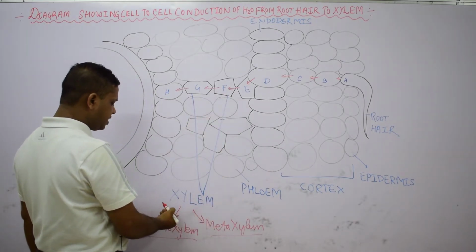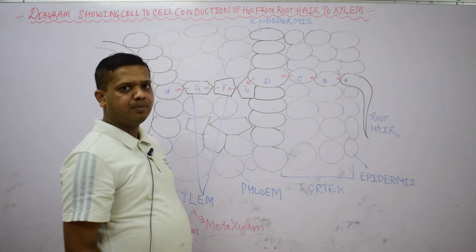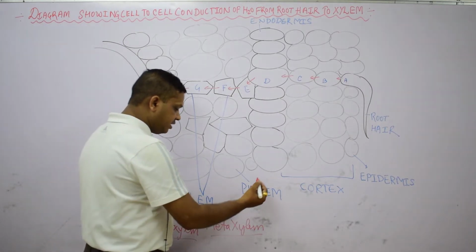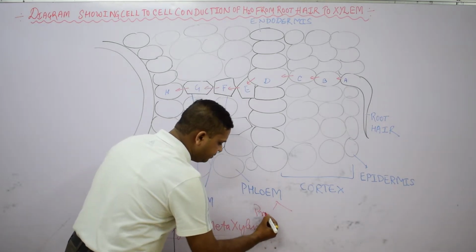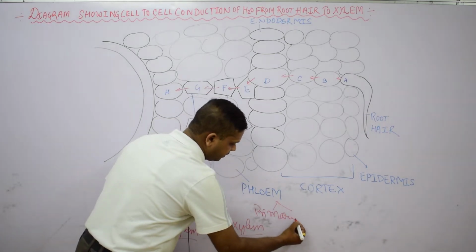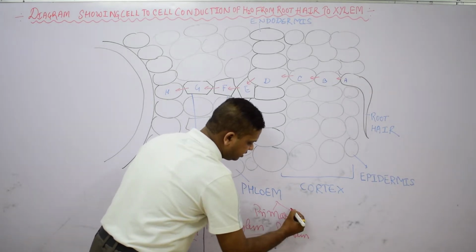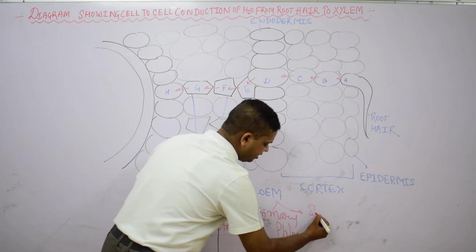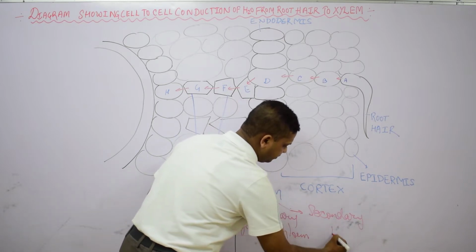This is why the xylem cells shown in this diagram are responsible; protoxylem and metaxylem are the two important components of xylem cells, and the phloem is again divided into two halves. First is known as primary phloem, and the second one is known as secondary phloem.